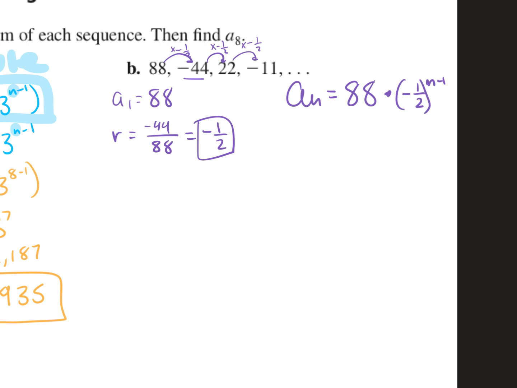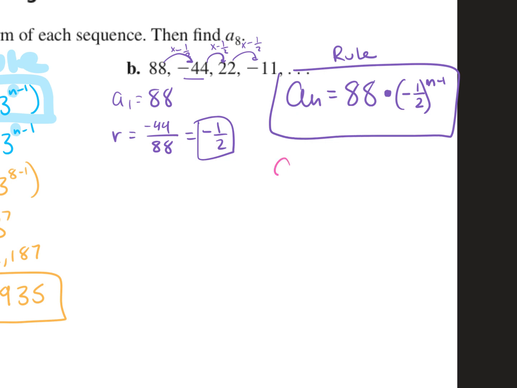So be careful here, because that negative 1/2 is the number that's raised to the power. So that negative also is in that exponent there. So you just make sure you put it in parentheses. Times. So this would be our rule. For our rule, we don't plug anything into n. We just leave n as a variable.